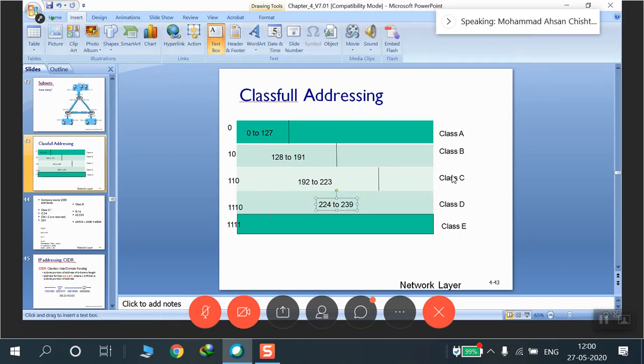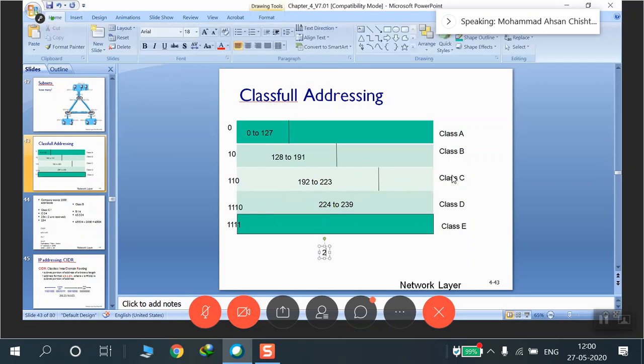And the class E, again the reserved one, is from 240 to 255.